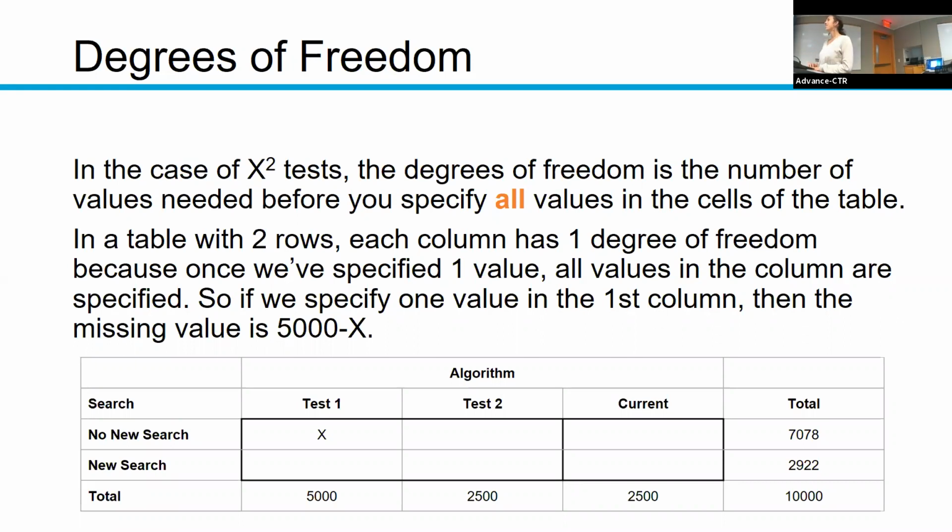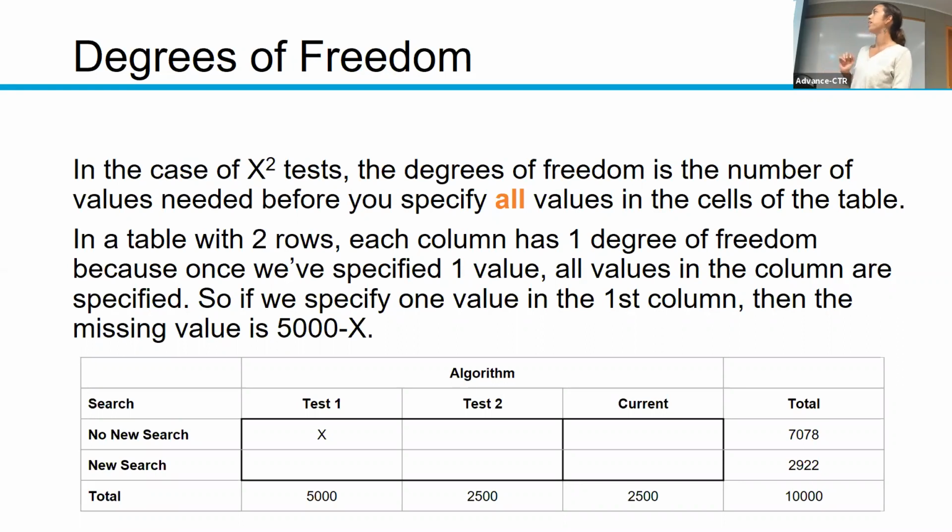Okay, so Jess addressed the issue of the degrees of freedom, which is actually a parameter of these chi-squared tests that we need to specify. The chi-squared is a distribution, and the degrees of freedom of this distribution impact the shape of the curve. So it's important that you properly specify it.